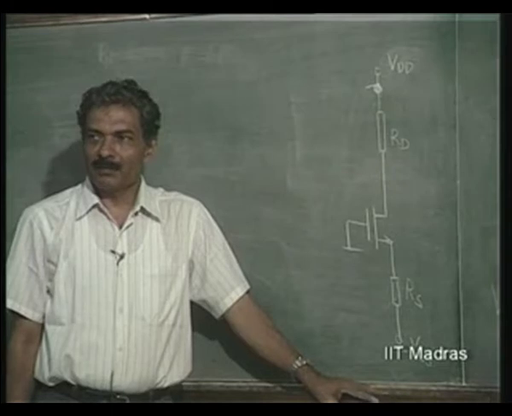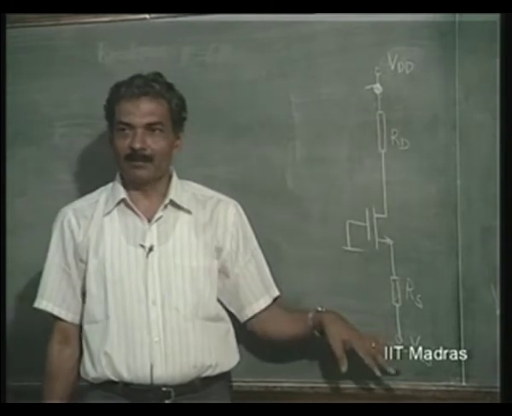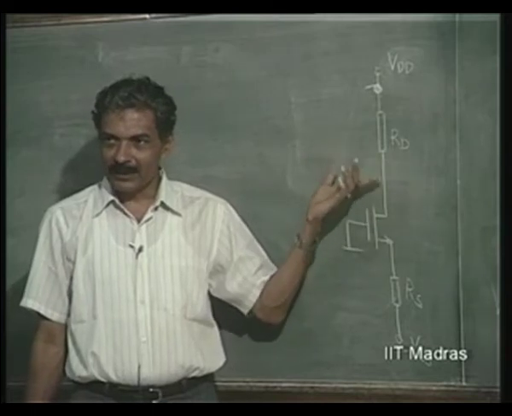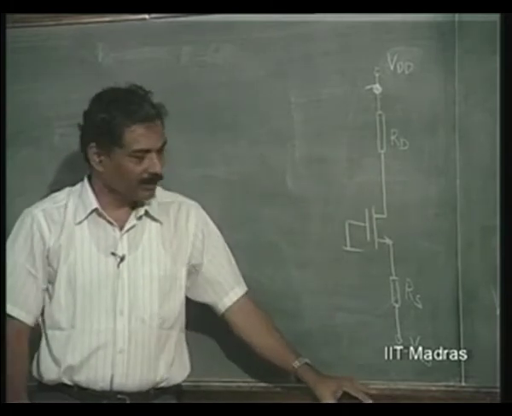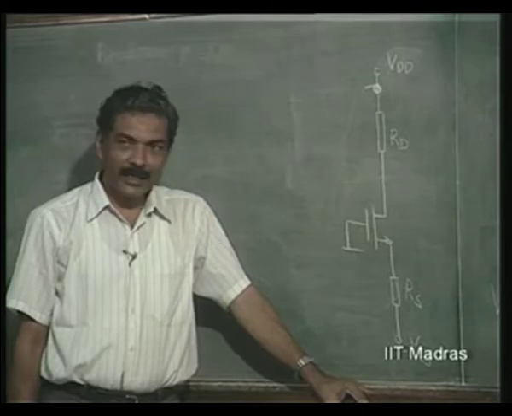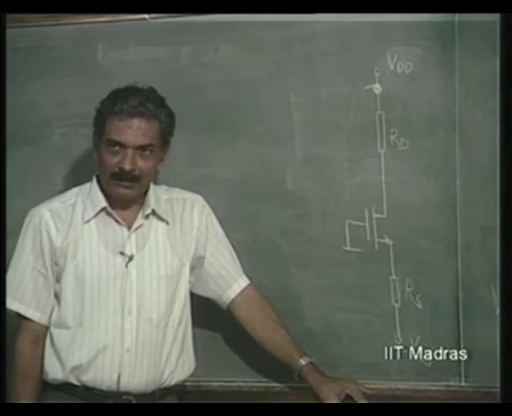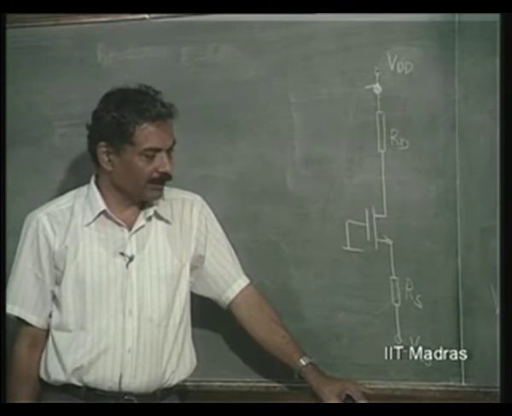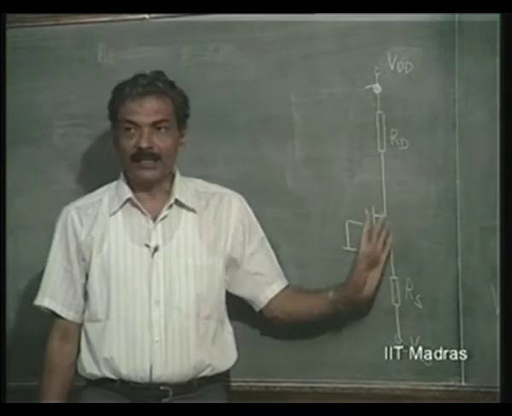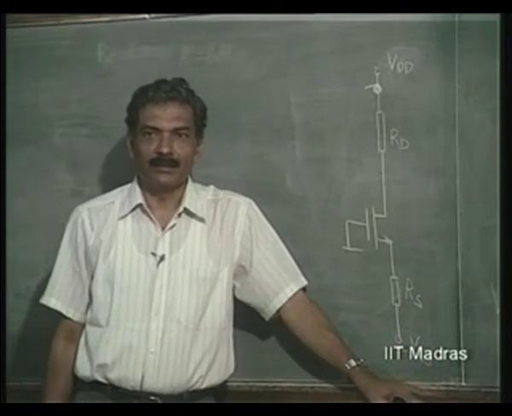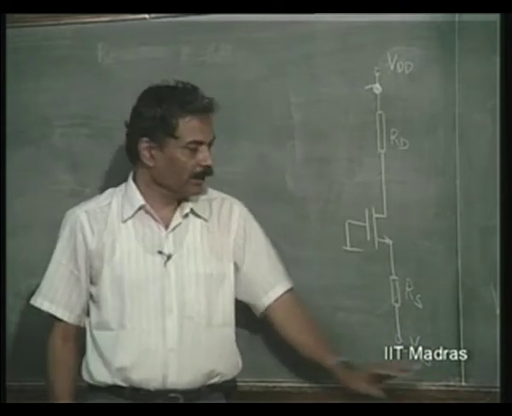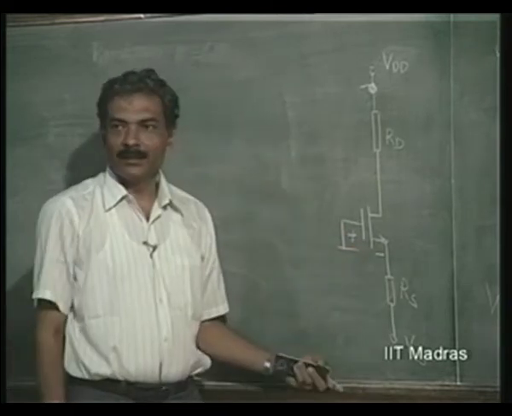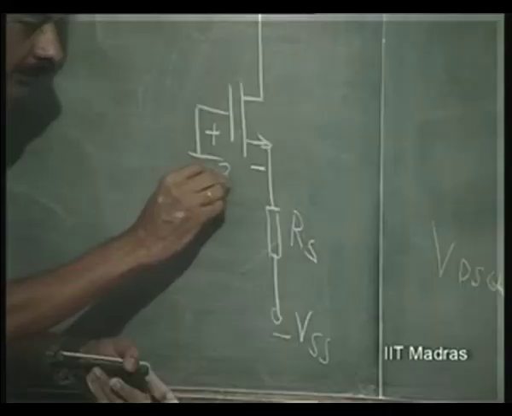In the case of bipolar junction transistor, we started with dual supply and went over to single supply. In this case, we have started with single supply and are going over to dual supply, just to make you understand the basic concept properly. If you are given the choice of biasing this using dual supply, then you will fix the current using RS itself here. So, it is very simple. Now, for the same problem, this should be 2 volts, we are told.